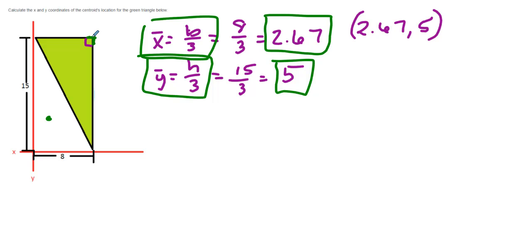So for x, we start here and we go in 2.67. So 8 minus 2.67 is 5.33.